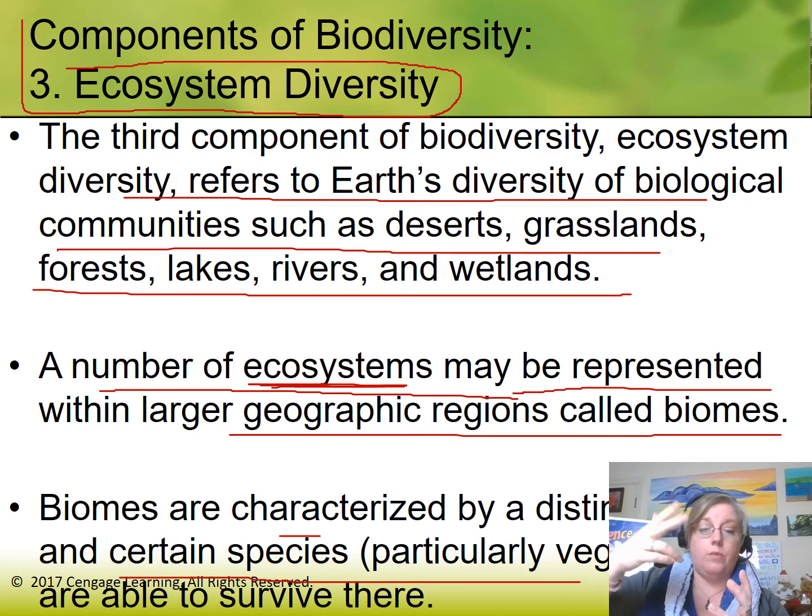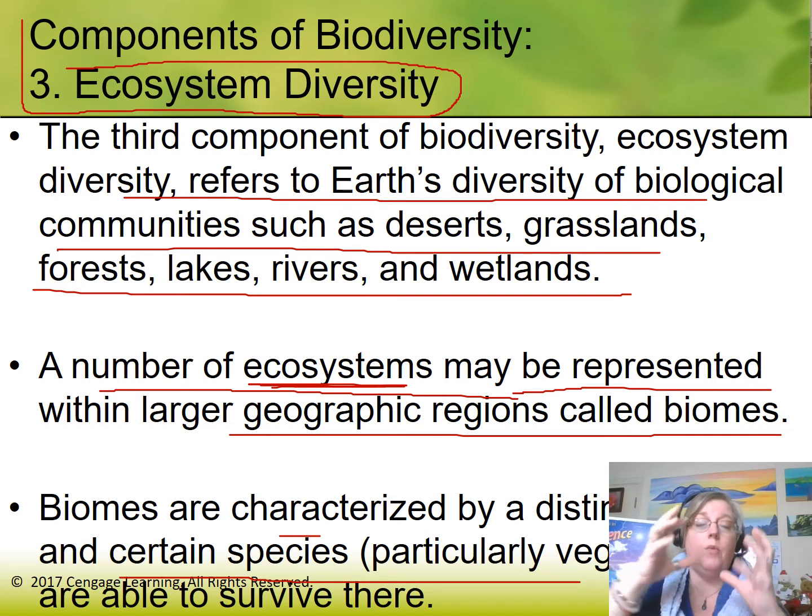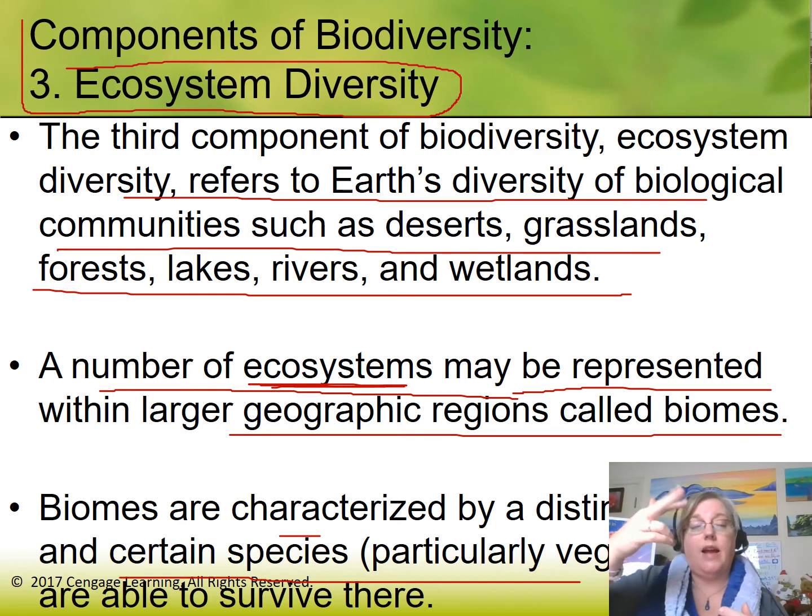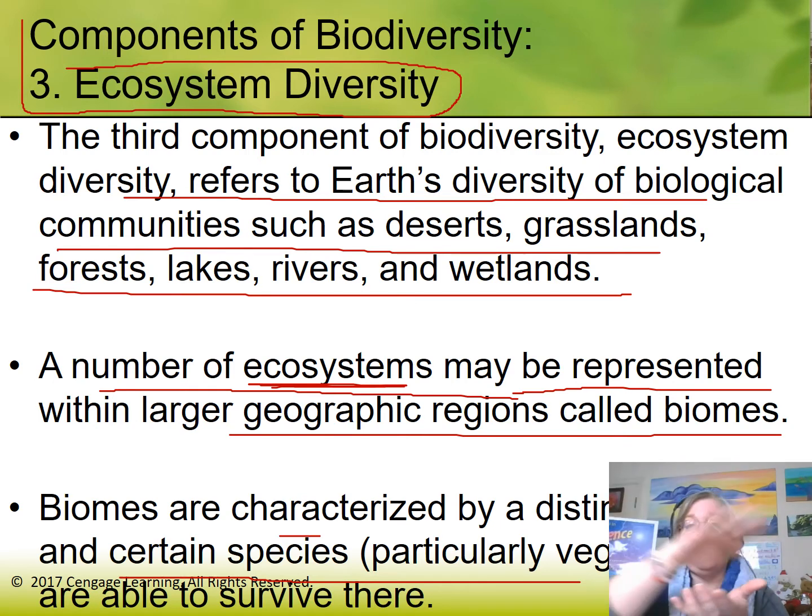So however much sunlight and rain and temperature will determine what kind of plant lives there. And then once you've determined the type of plant, then the animals will make do. So the plants determine the biome. Whatever kind of sunlight and temperature and rainwater will determine what plant you have. And once you know what plant you have, that determines the animals that will live there.